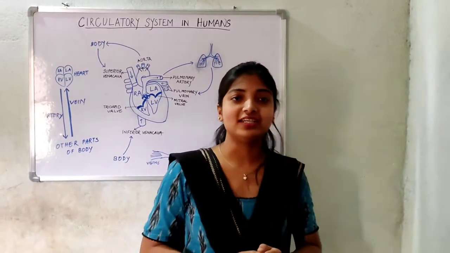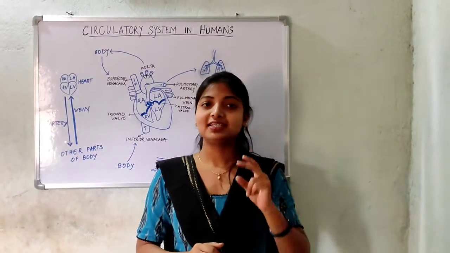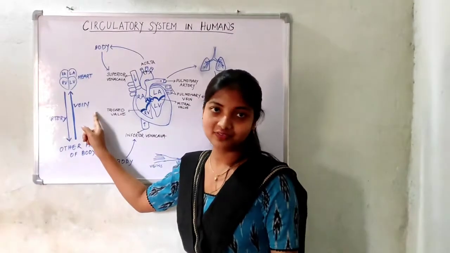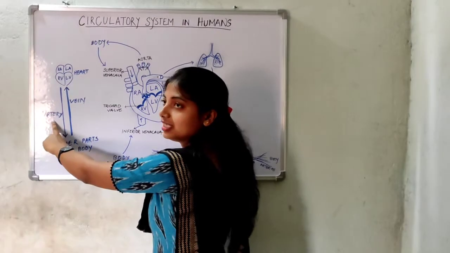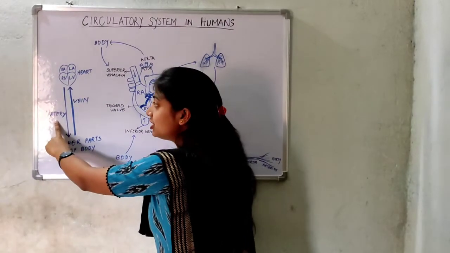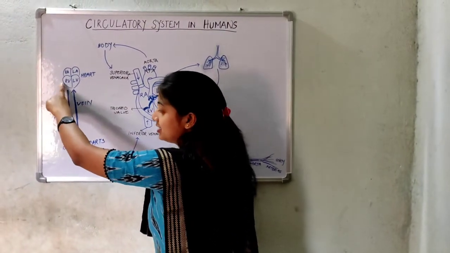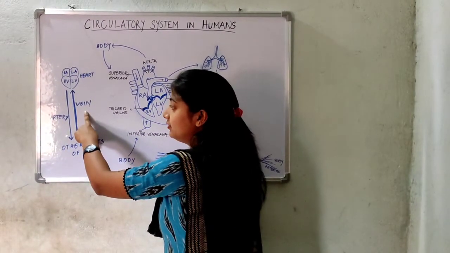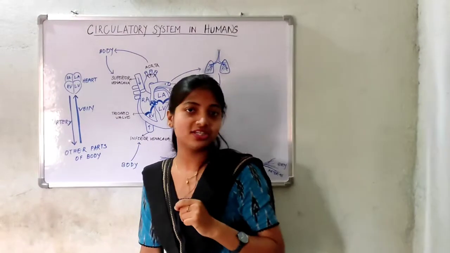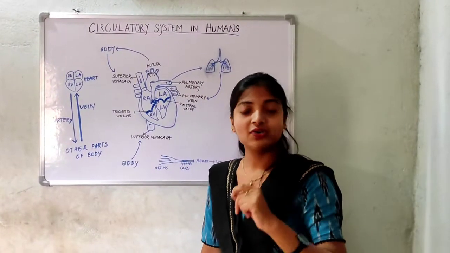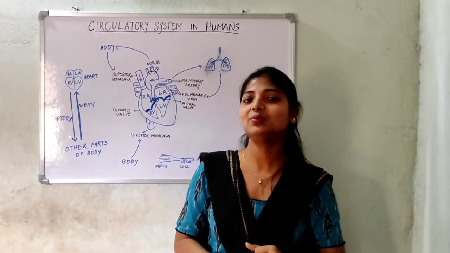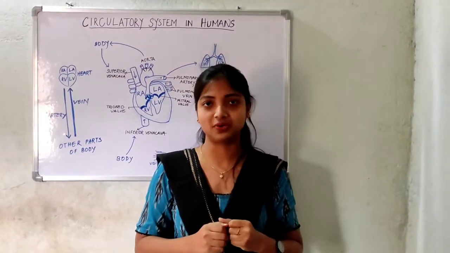Now in our body there runs basically 2 main blood vessels, that is the artery and the vein.